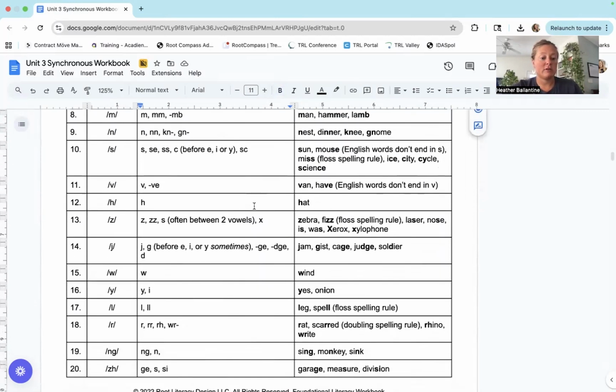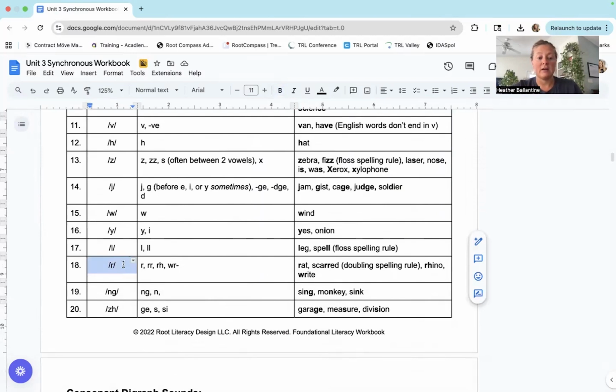Some of the tricky ones are this sound here, the R sound. This is not the same as ER. One thing that I like to do with students to help them hear this sound and how it's different is place the sound at the start of a word and show them the difference.